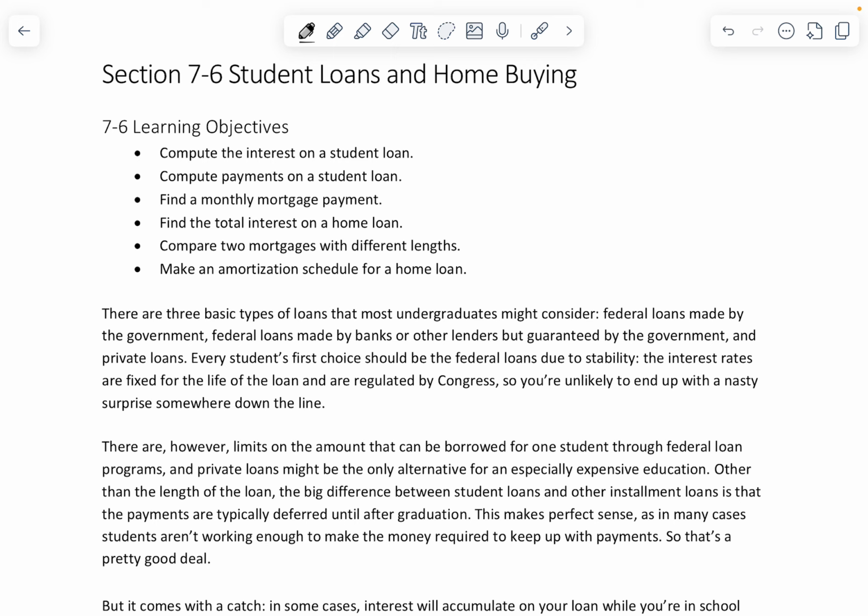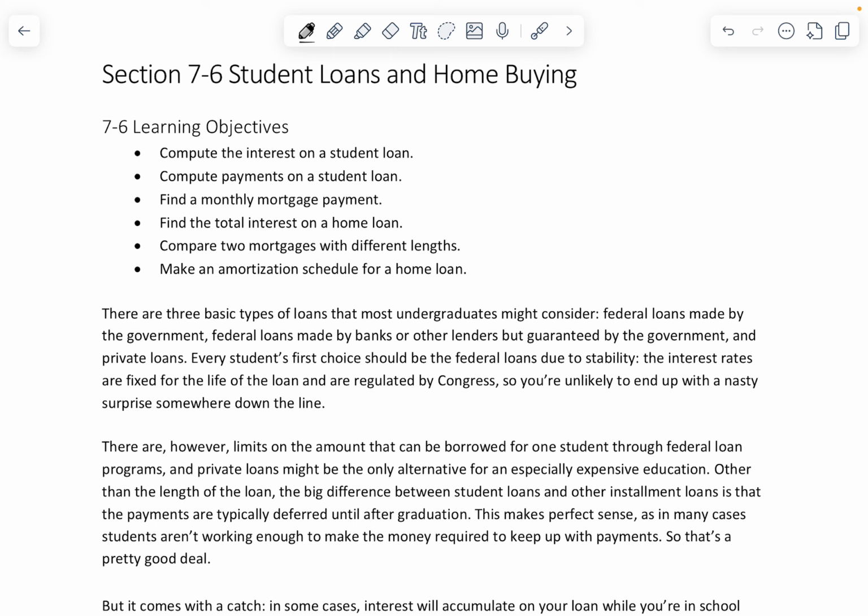The interest rates are fixed for the life of the loan, and they are regulated by Congress, so you're unlikely to end up with a nasty surprise somewhere down the line. There are, however, limits on the amount that can be borrowed for one student through federal loan programs, and private loans might be the only alternative for an especially expensive education.